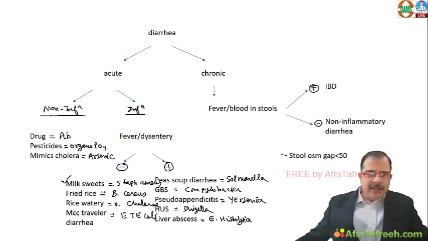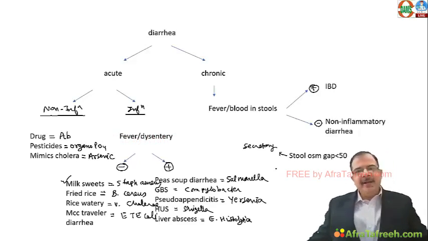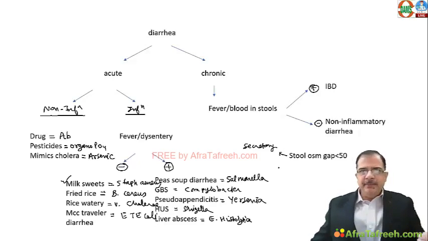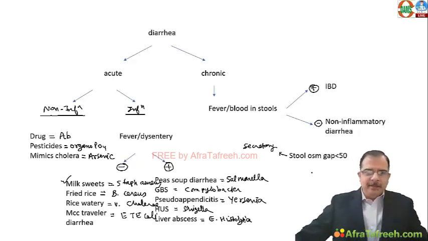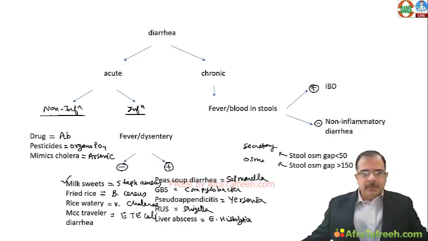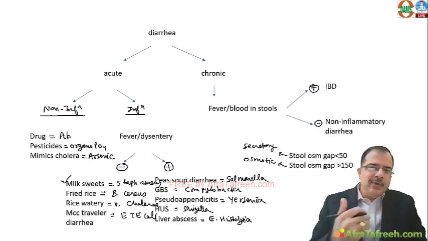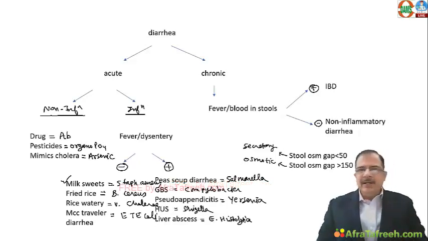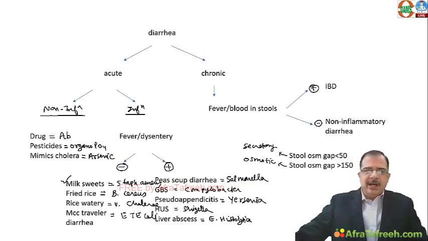So this will be a case of secretory diarrhea, like hormone-related VIPoma, gastrinoma, carcinoid syndrome. All these cause secretory diarrhea. While if the stool osmotic gap is more than 150, then it will be a case of osmotic diarrhea, like lactulose intolerance and milk intolerance.